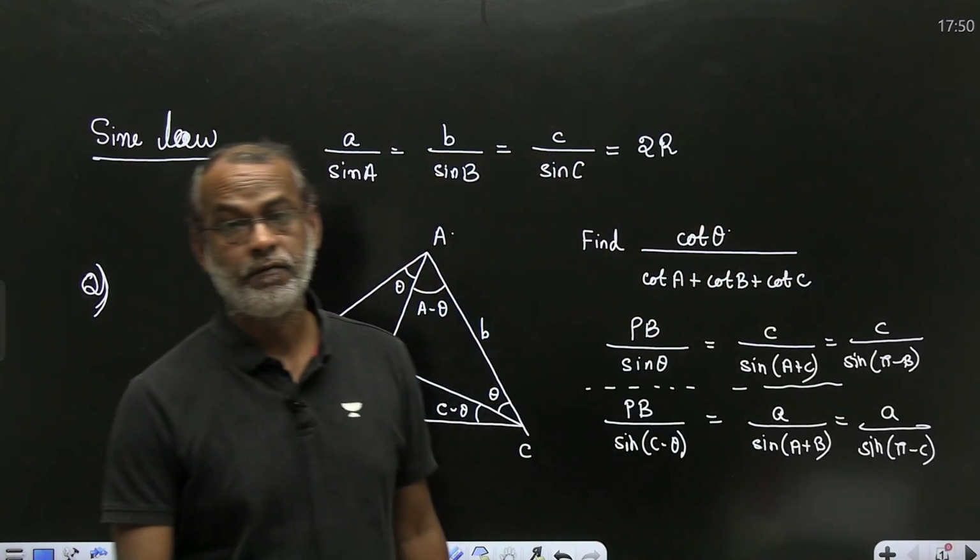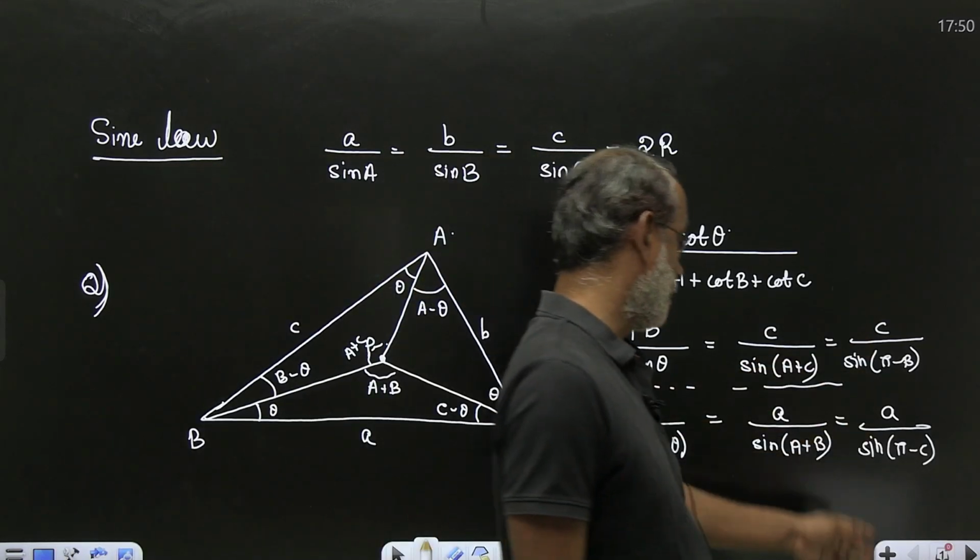Sine pi minus B is sine B. This is c upon sine B.